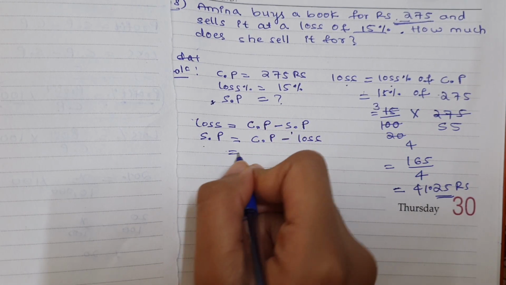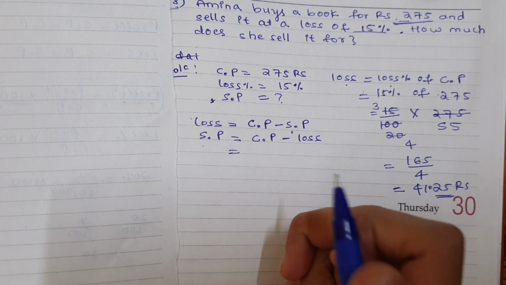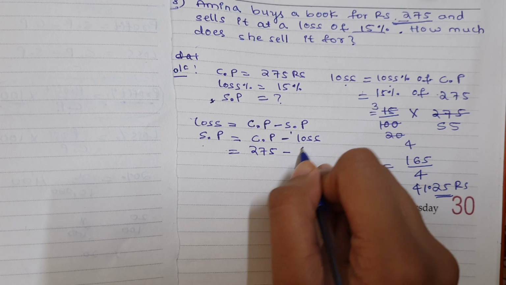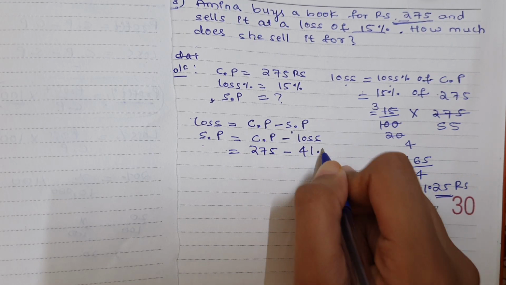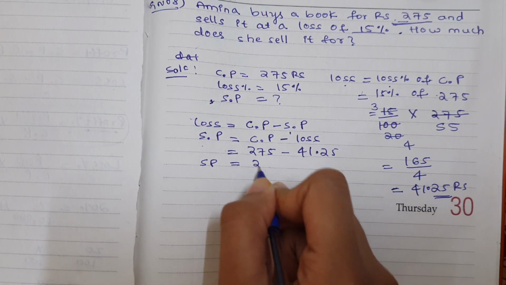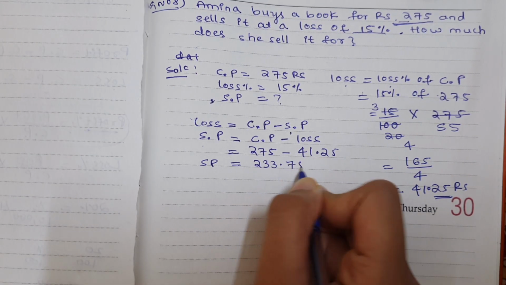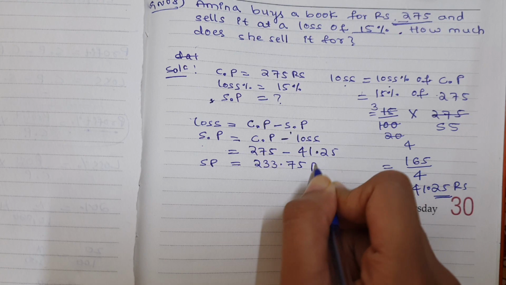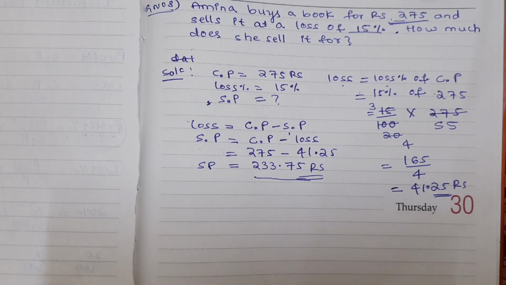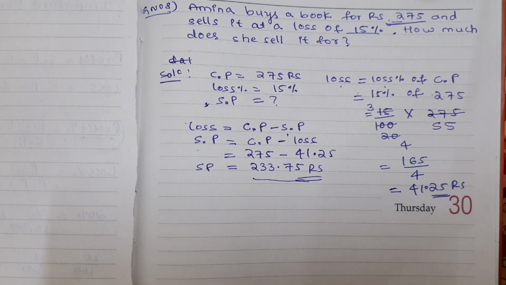Cost price is 275 minus loss, 41.25. So the selling price will be 233.75. What is the unit of this? Rupees. So the selling price is 233.75 rupees. Now let us move to the next one.